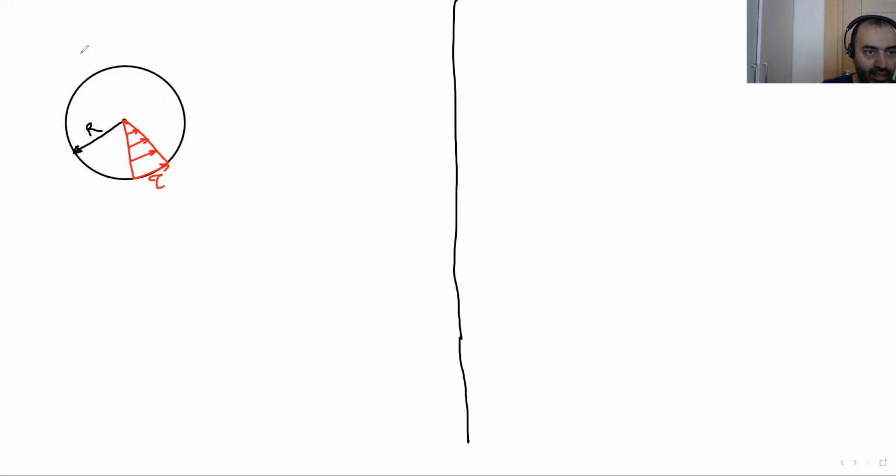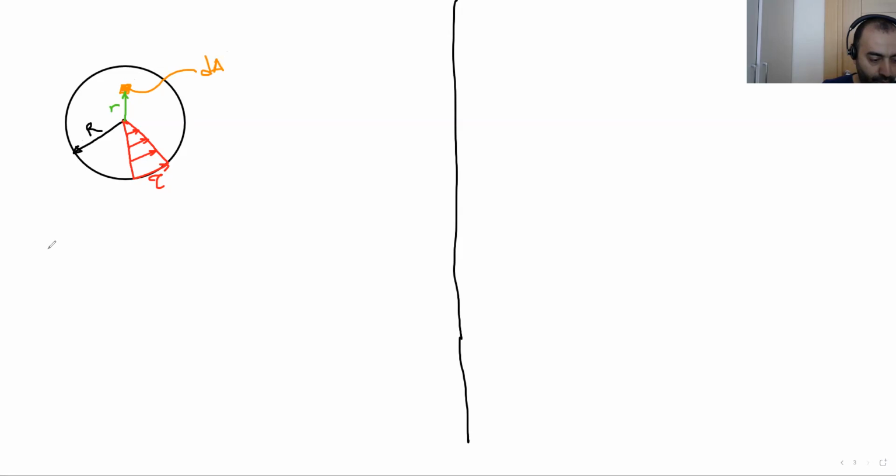So let's say we have a small area here. Okay. This orange area, the area of this orange spot is dA. Okay, dA. And the radius for this location is r, small r.